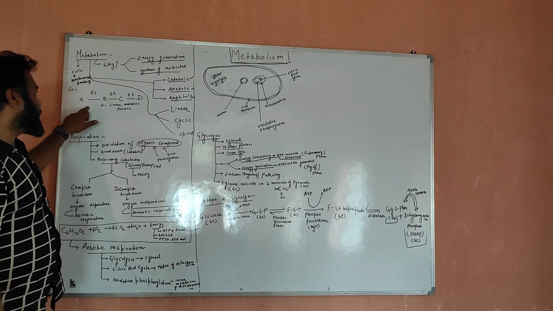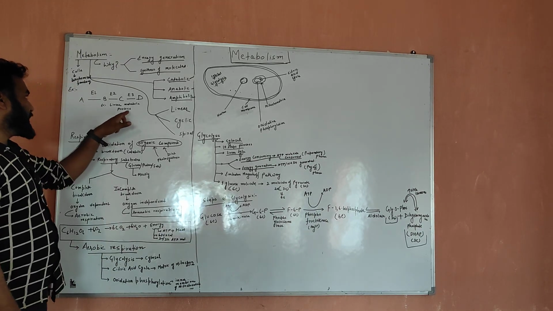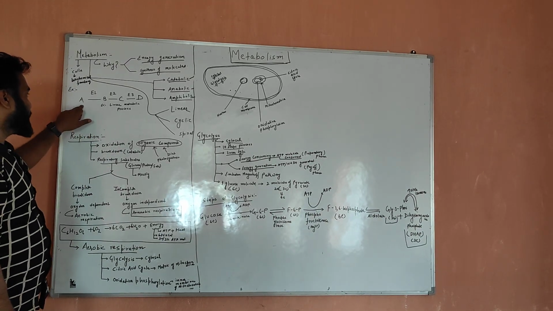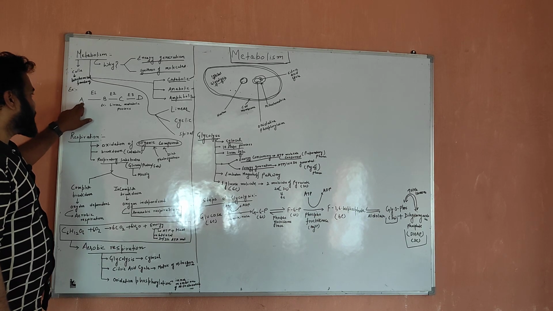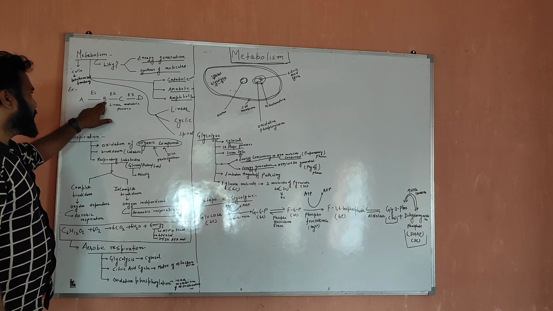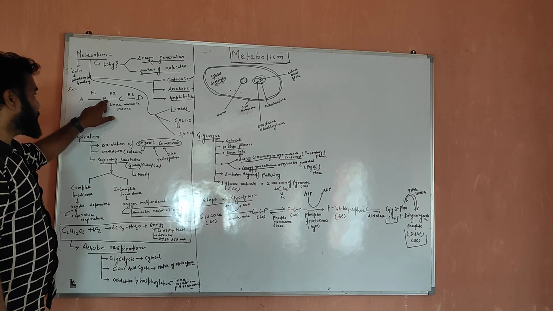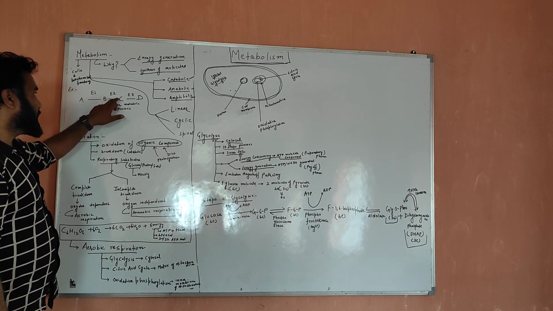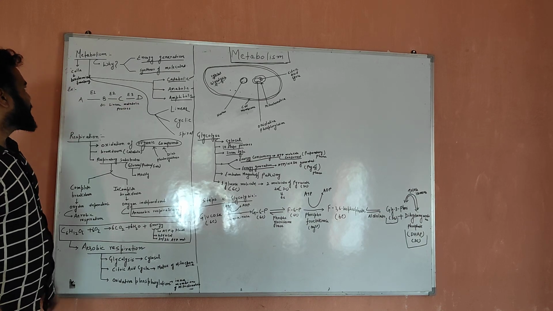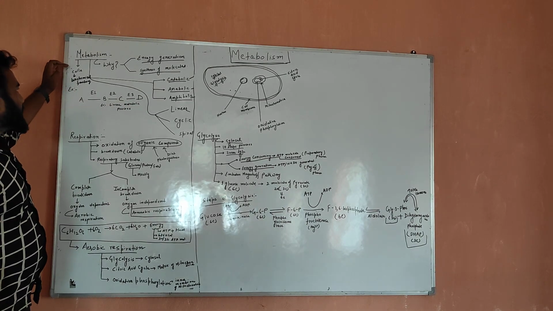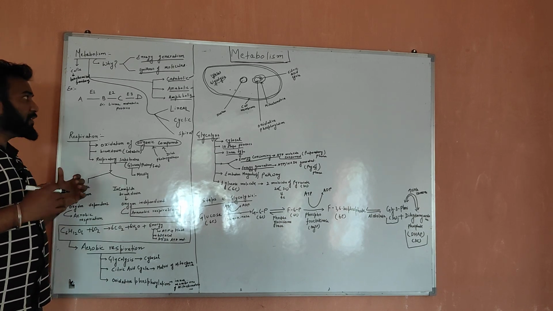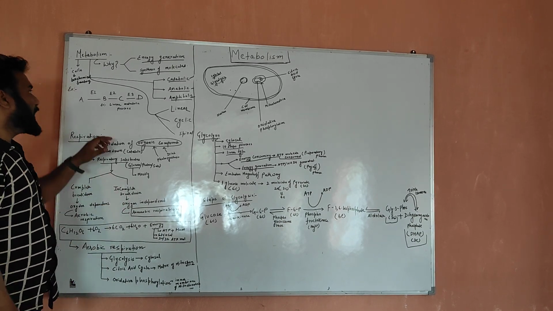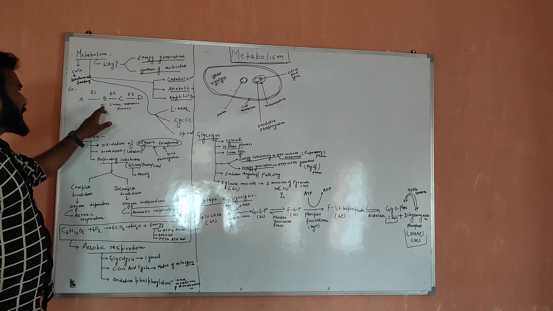For example, in a very simple metabolic process, we can see a respiratory substrate A is converted into product B, whereas B becomes a substrate for the next reaction and is converted into C and then subsequently to D. These metabolic reactions occur inside the cells in a highly coordinated manner, and they are interdependent reactions, right?